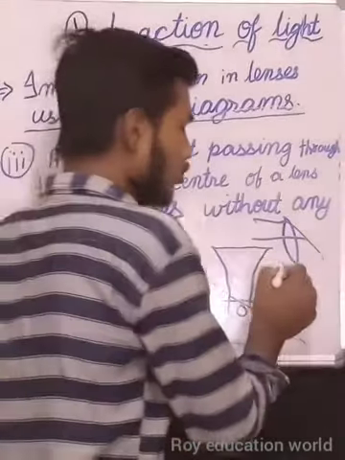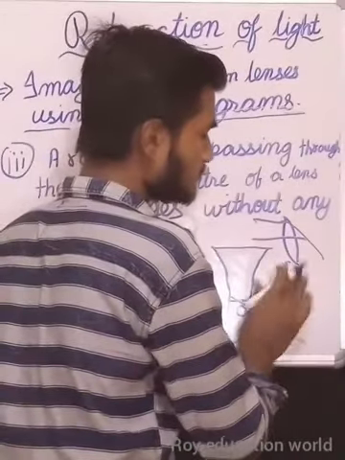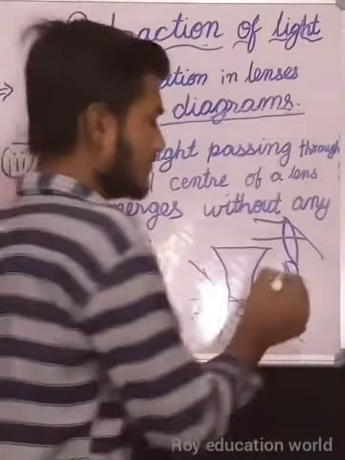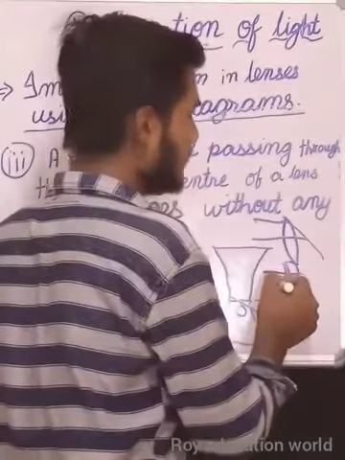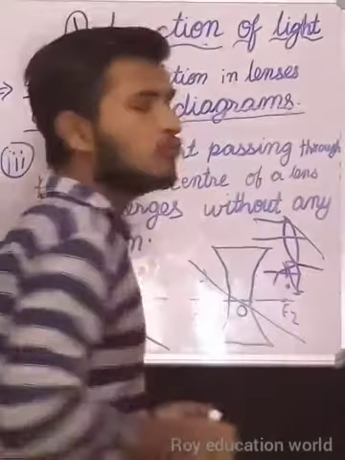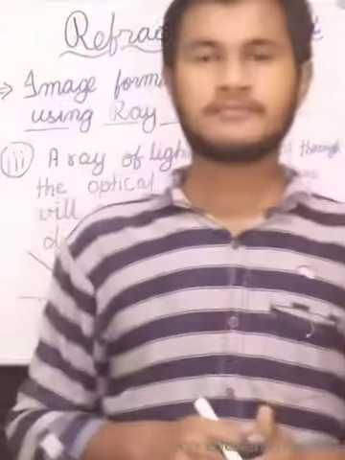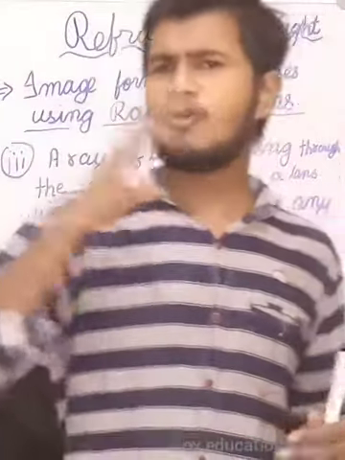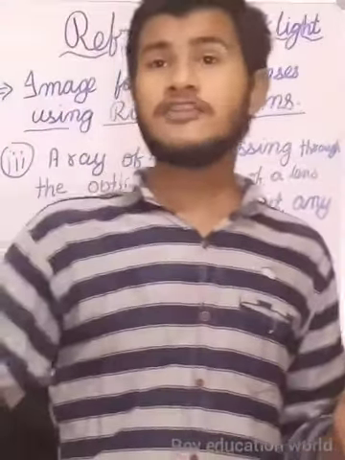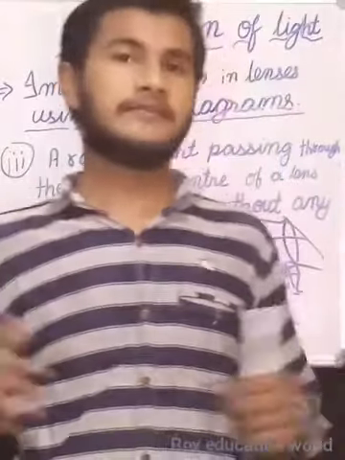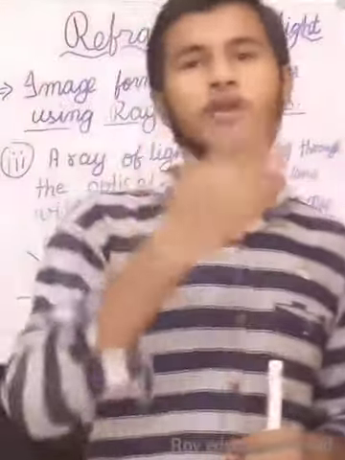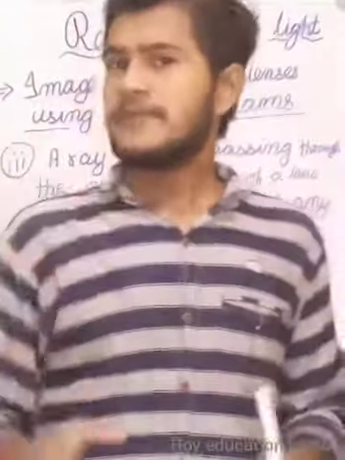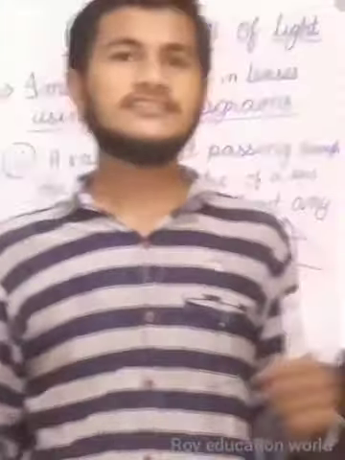And when it passes through a principal focus, after refraction it deviates and comes parallel to the principal axis. But in case of the optical center, it does not deviate. Then what is the optical center? The midpoint of a lens is known as the optical center.